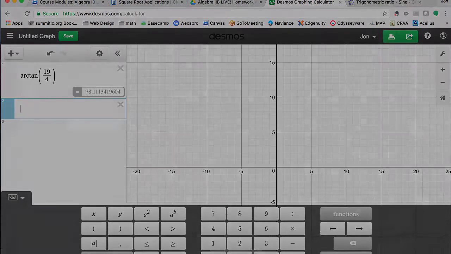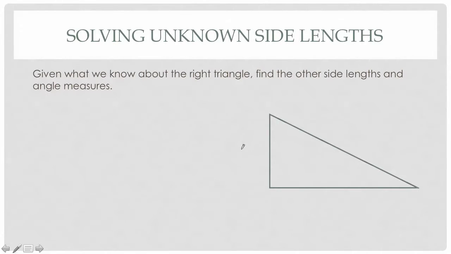78.1. Let's go back to our triangle now. And we had, what, this was 4, this was 19, and now this angle right here is 78.1 degrees. All right, very good. Once I know that angle, then I can immediately just take 90 minus that to get this other angle, and I'm all done.